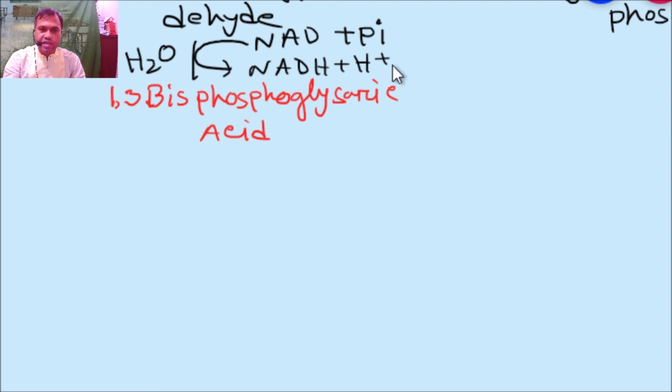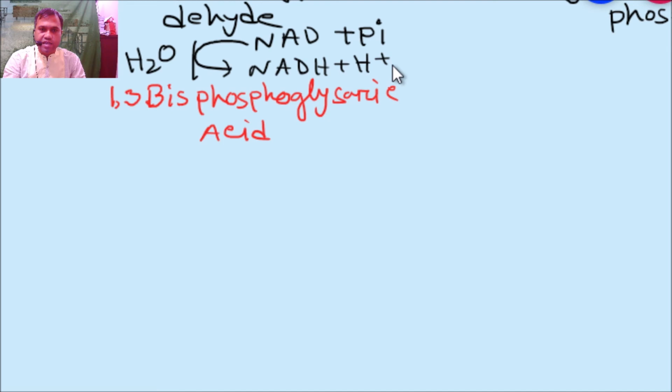This pyruvic acid is a 3-carbon compound, CH3COCOOH. In this pyruvic acid there are 3 carbons, but glucose is a 6-carbon compound.